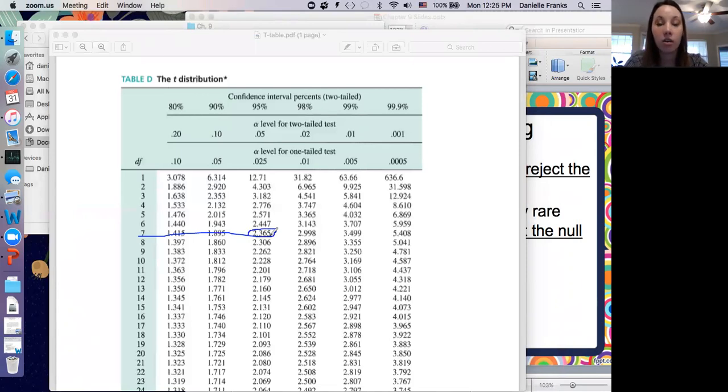So this is the value that starts our rejection region. In other words, for this example, let me use another. This is not very pretty, but we get the idea.